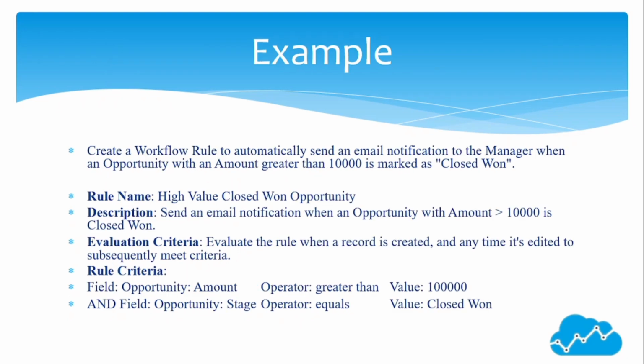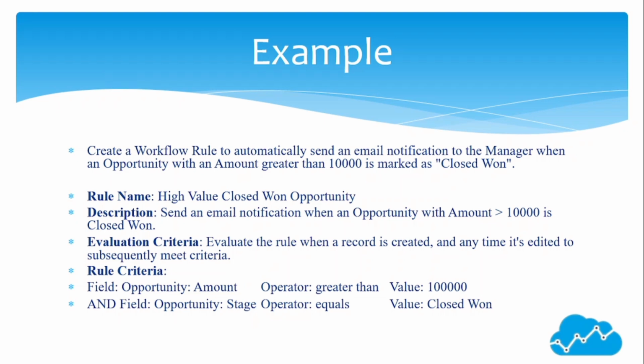Let's see an example. Create a workflow rule to automatically send an email notification to the manager when an opportunity with an amount greater than 10,000 is marked as closed won. So here we are going to take the rule name as High Value Closed Won Opportunity, with the description: send an email notification when an opportunity with amount greater than 10,000 is closed won.